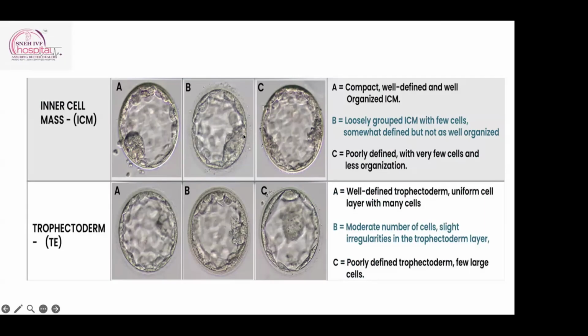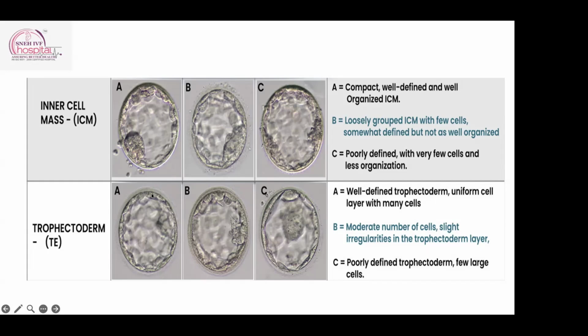In B, there is a small group of cells which are loosely packed. Here we have a compacted ICM, but along with it, we have a few cells which are not that defined and not well organized. In C, you can clearly see that it is very poorly defined.